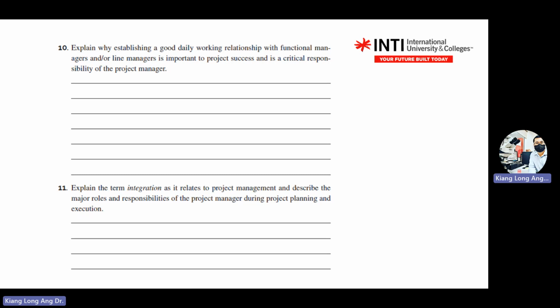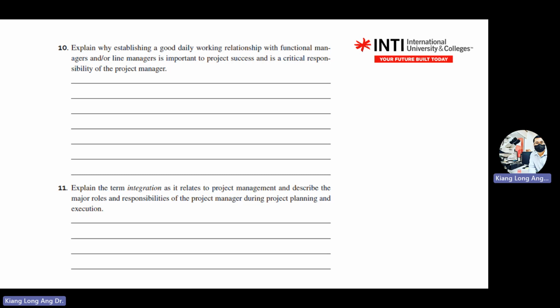It means the project components and the planning processes. There are two keywords: project components and planning processes, they are interrelated. It means integration. They have a relationship between them, interrelated.